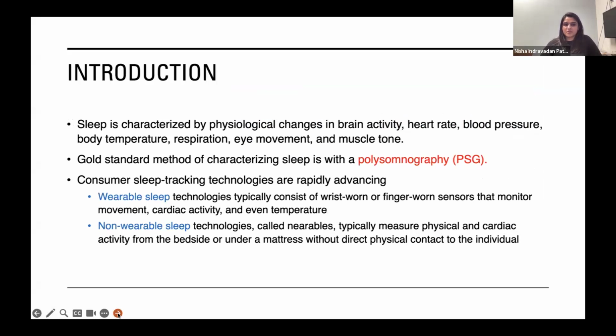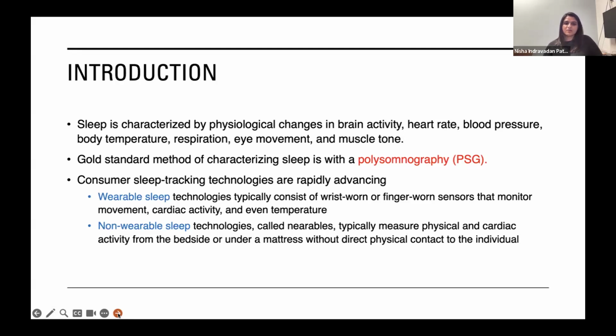physiological changes, companies across the world have created consumer tracking devices. There are 2 types. One of them is the wearables. So these are devices that you can either wear on your wrist, like a watch, or on your finger as a ring, and they have sensors that look at either movement, cardiac activity, temperature, or all 3 of those.